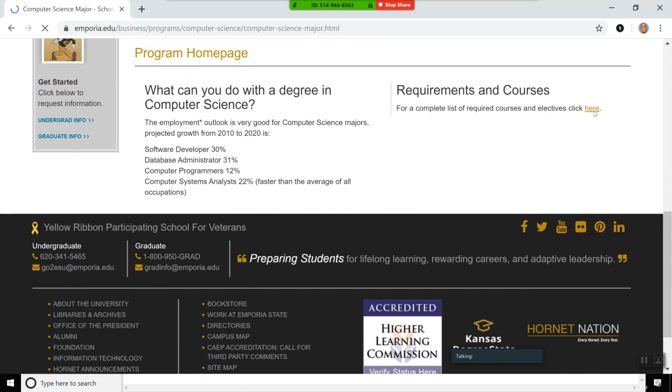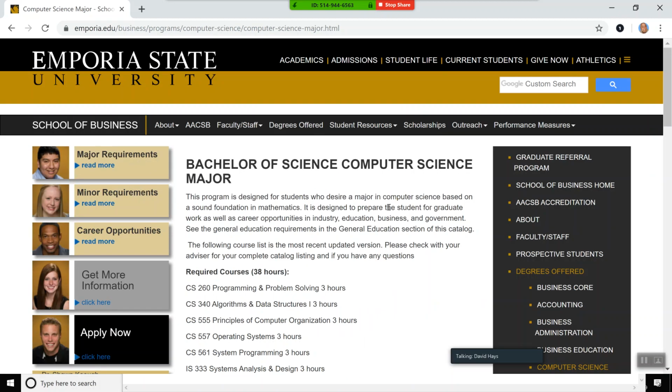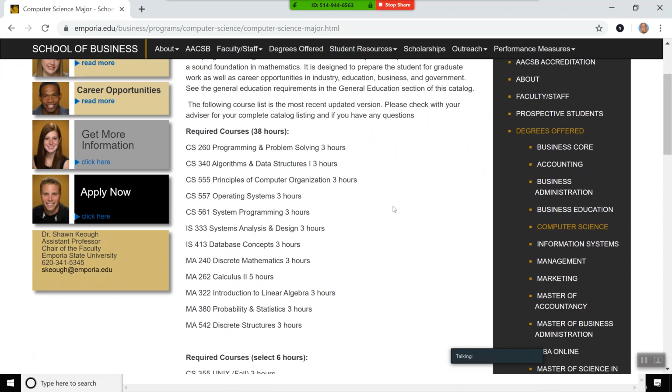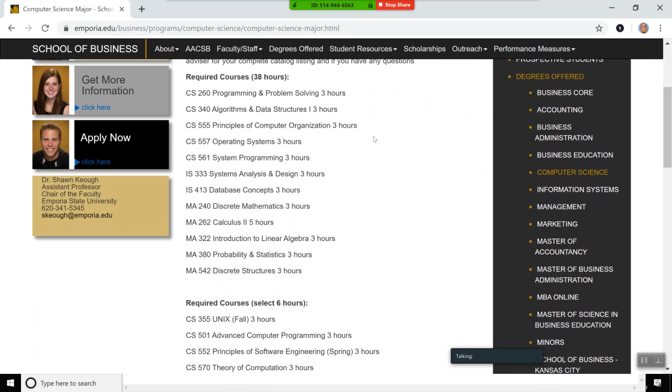Click here for required courses and electives. Programming, problem solving, algorithms, principles, operating systems, systems programming. See, this might be C. Database concepts, that's what I talk about. They'll focus on database because that's a big part.